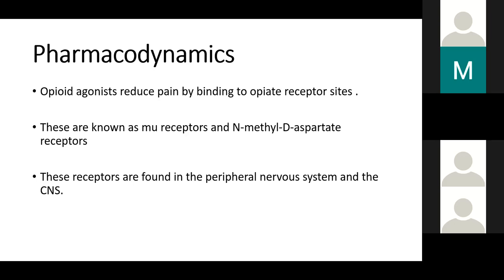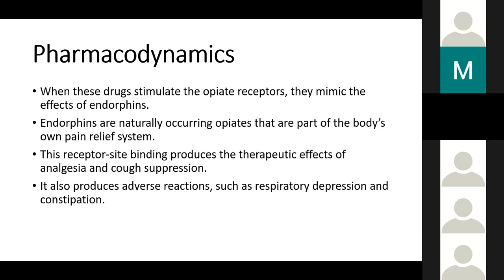So these receptors are located in the CNS and in the peripheral nervous system. So when you give the opioid drug, it binds to the receptors, and then it mimics the effect of endorphins. Now, endorphins are natural painkillers which occur in the body.